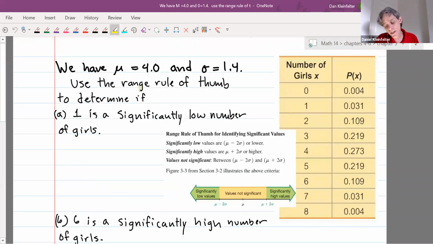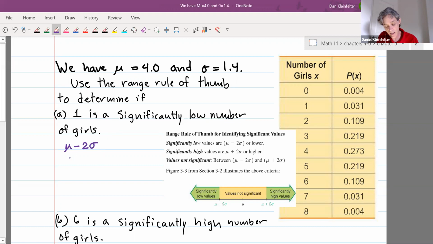We're to use the range rule of thumb to determine if 1 is a significantly low number of girls or not. So to do that, we would want to know, is it more than 2 standard deviations below the mean? So the mean minus 2 standard deviations, that's 4 minus 2 times 1.4.